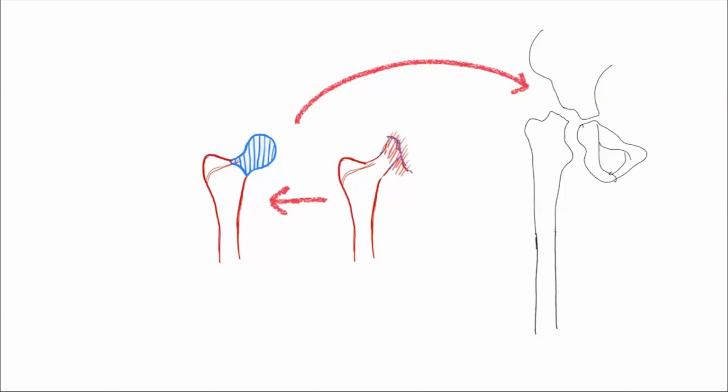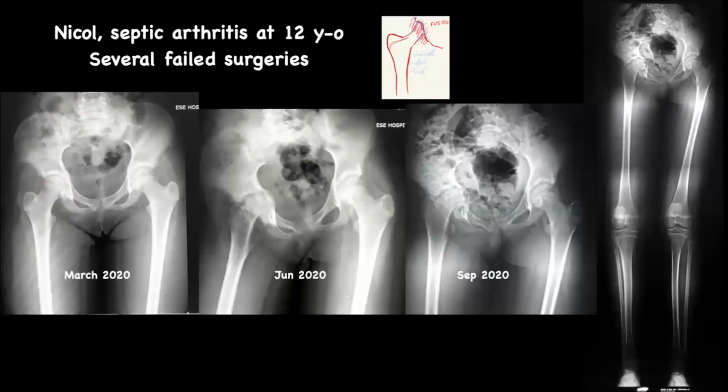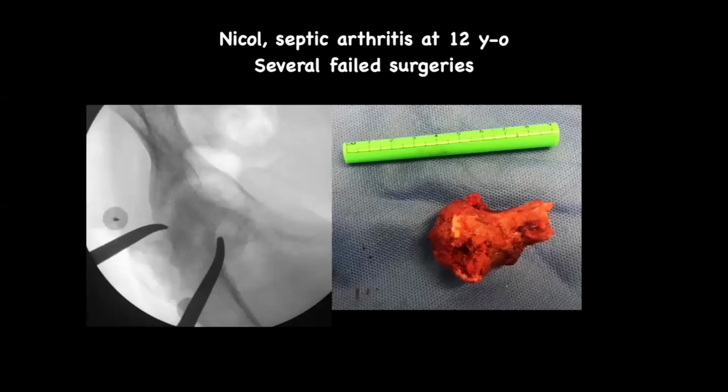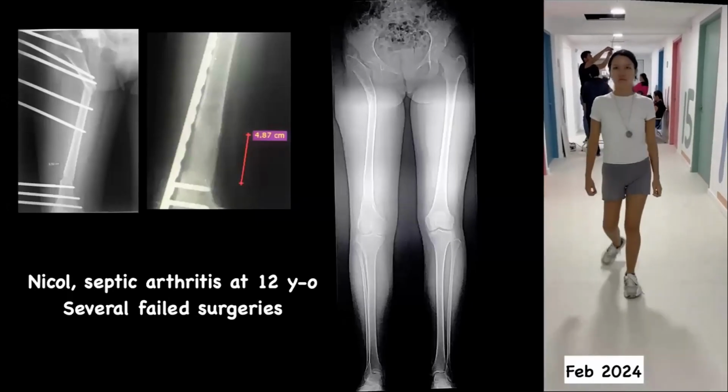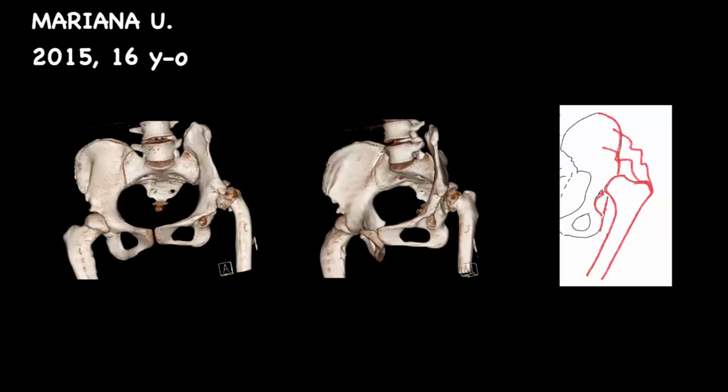But we have another problem when we have a fusion. When we have a fusion, we do a Girdlestone, like in this case. We take out the neck and the head, which was a huge necrosis as you see here, and then we do a pelvic support, and the pelvic support is working nicely.